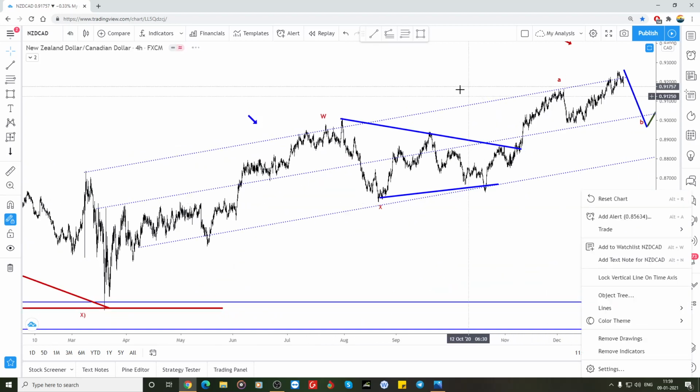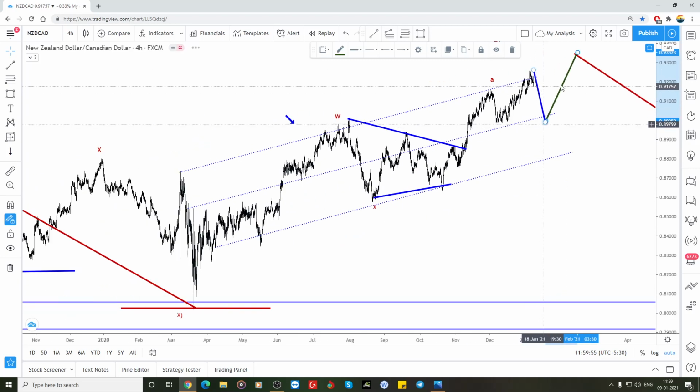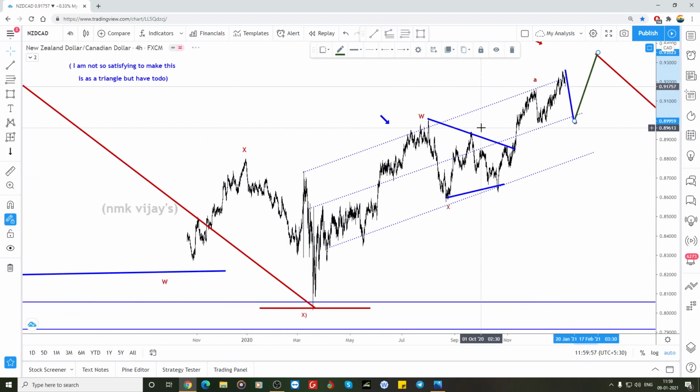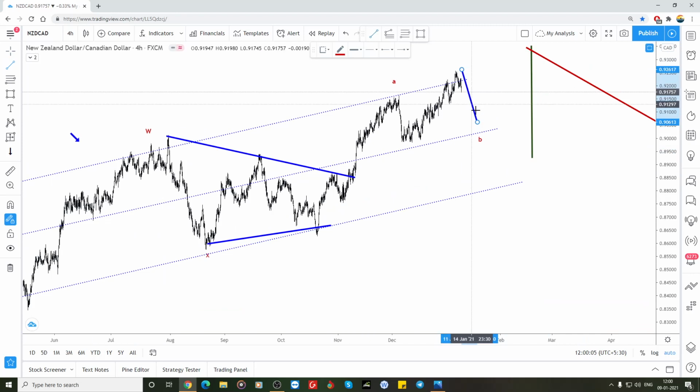we are expecting the running flat here. If we enter placing the stop loss, it will hit your stop and then again it may go up. So how we have to trade that is, if it bounced, it could be a wave one like this, and then again there will be a pullback, and again if it crosses this, immediately place the stop loss here and take the trade.